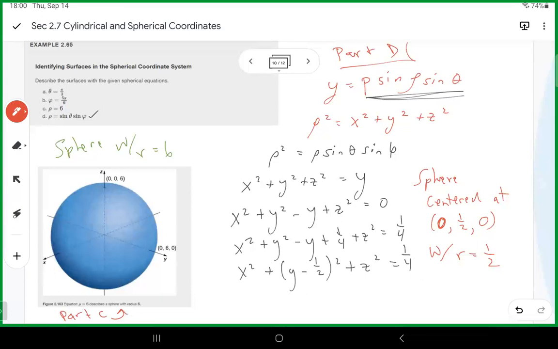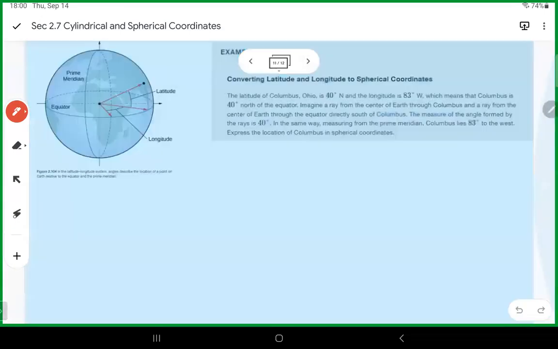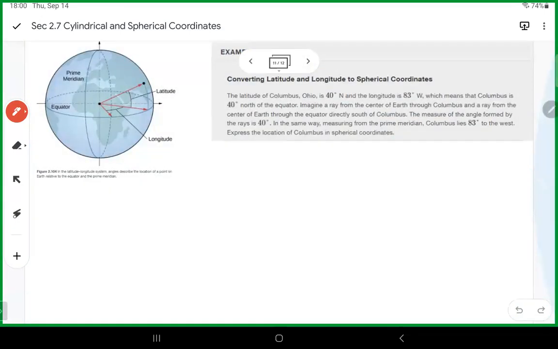All right. Okay, so this is one of our application problems. Converting latitude and longitude to spherical coordinates. The latitude of Columbus, Ohio is 40 degrees north and the longitude is 83 degrees west, which means that Columbus is 40 degrees north of the equator.